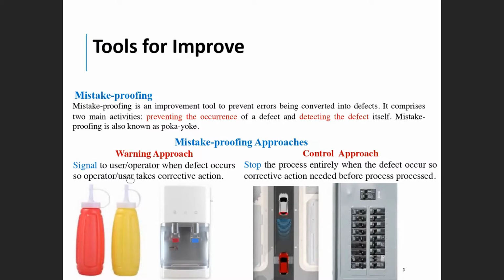The safety signs are also considered a warning approach. The fire alarm is considered a warning approach. The control approach is the water sprinklers that operate when the fire alarm starts, to spread water in the case of fires.